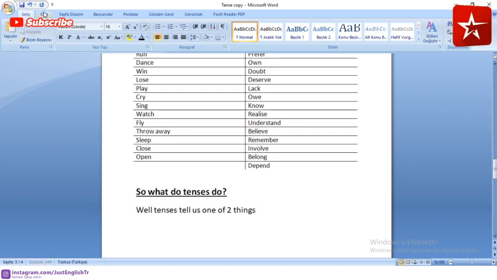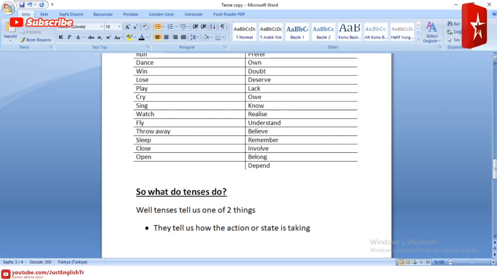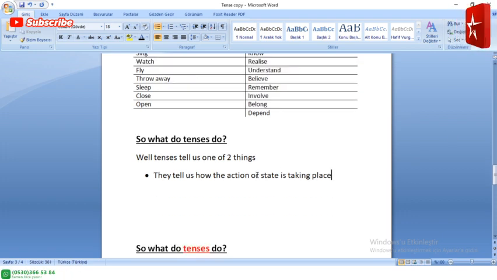They give us some important information. To begin with, they tell us how the action or state is taking place. They give us information about that action or about that state.